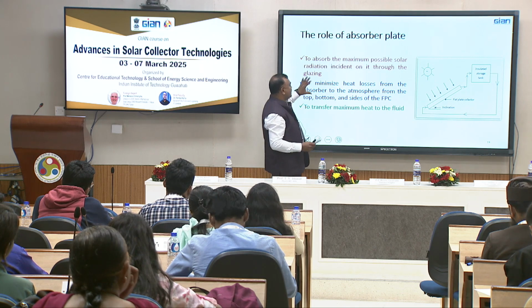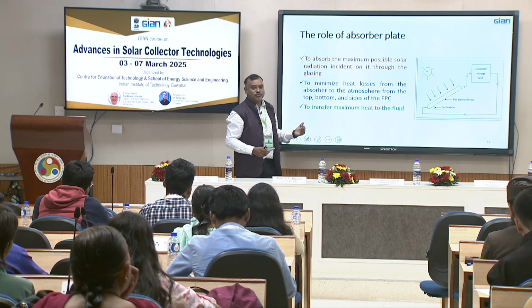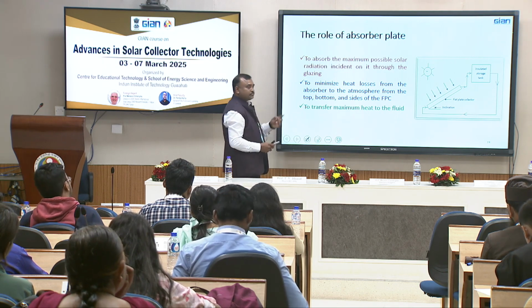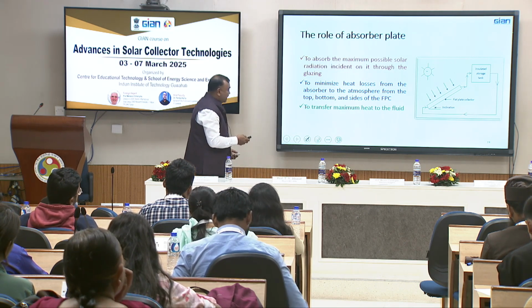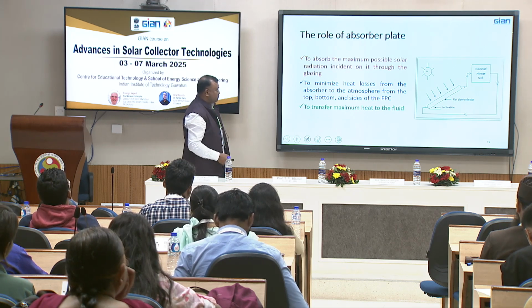And of course, how to minimize the losses is the primary thing. What mechanism we can apply and what are the materials we can use to maximize it and reduce the heat losses, and how to transfer the heat as fast as possible.